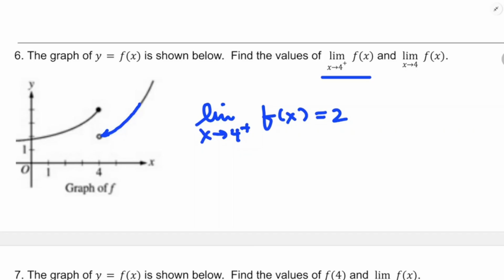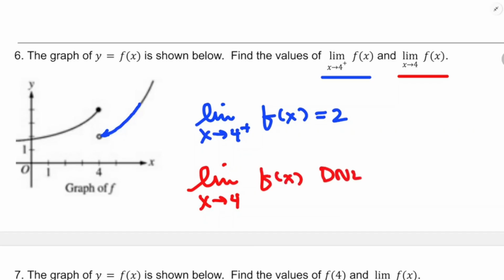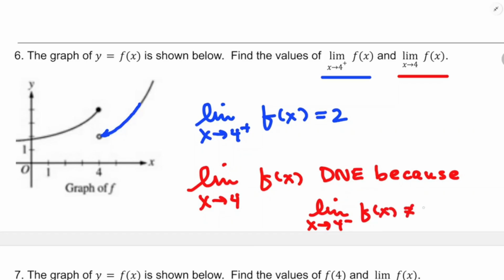And then I'm going to say that the limit as x approaches 4, just generally, of f of x does not exist, because the two one-sided limits disagree. The limit as x approaches 4 from the negative side is not equal to the limit as x approaches 4 from the positive side.